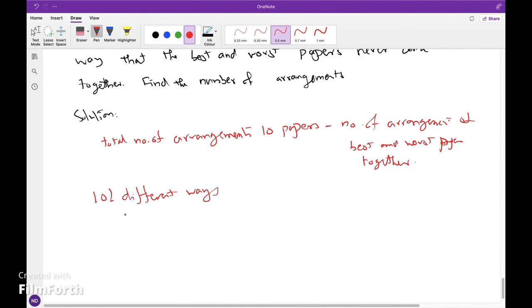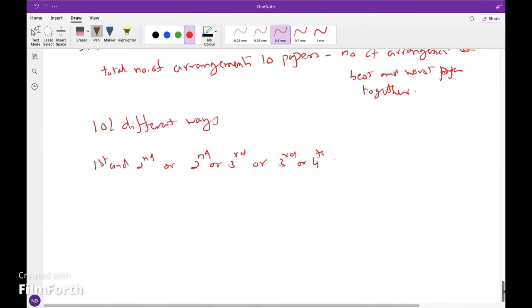The number of arrangements of best and worst paper together, it can be in the first, second, or second, third, or third, fourth, and so on. So we'll make one group of best and worst paper.